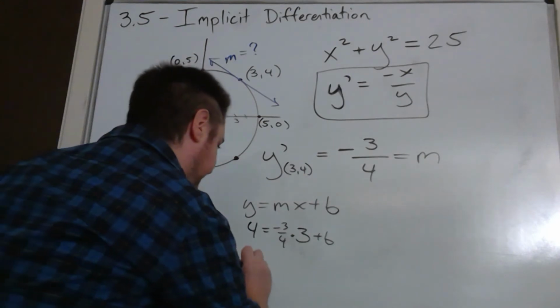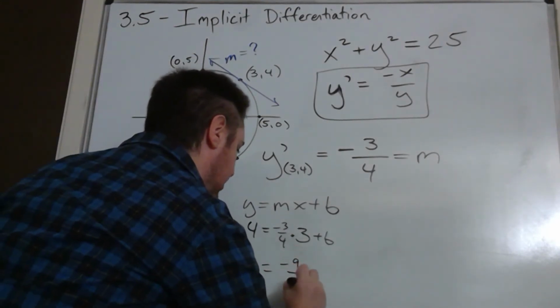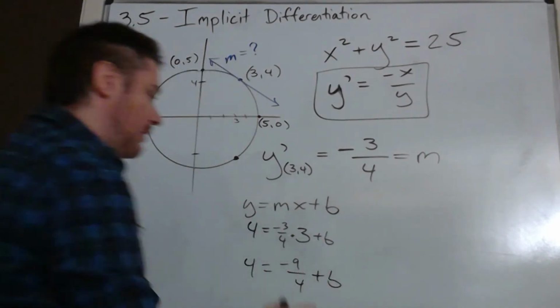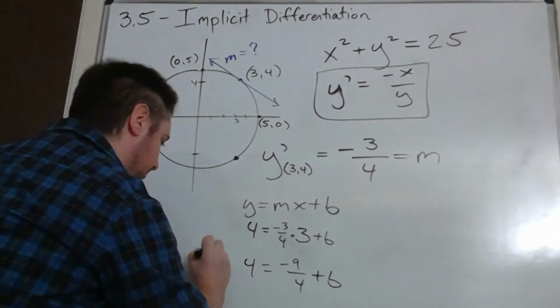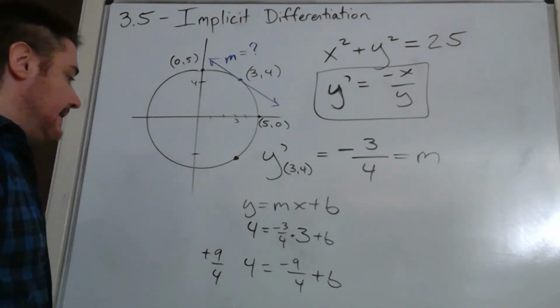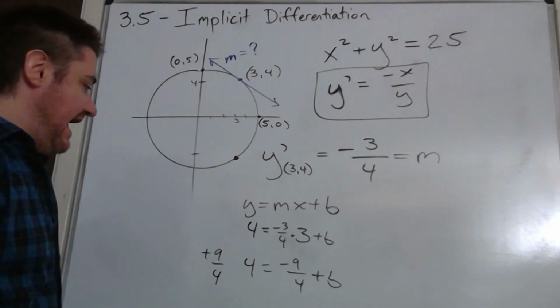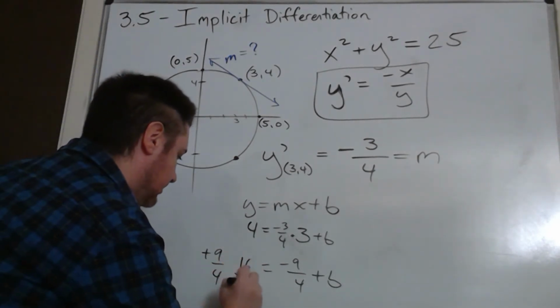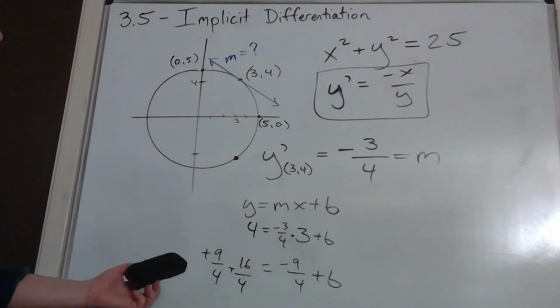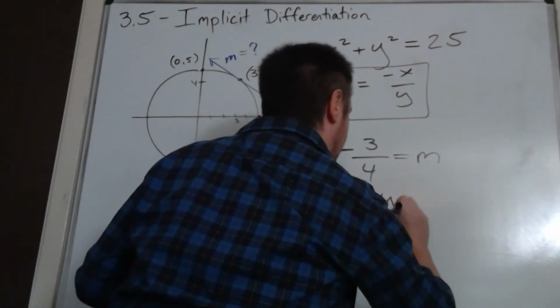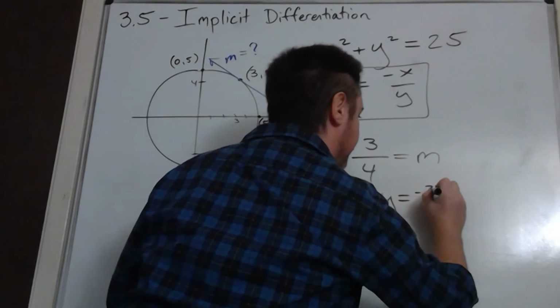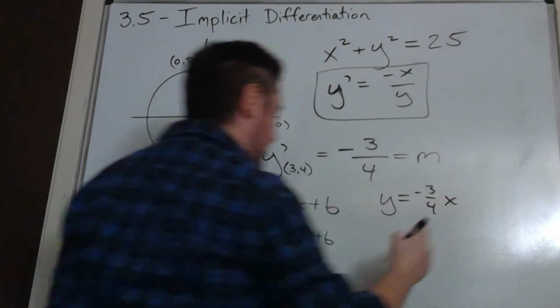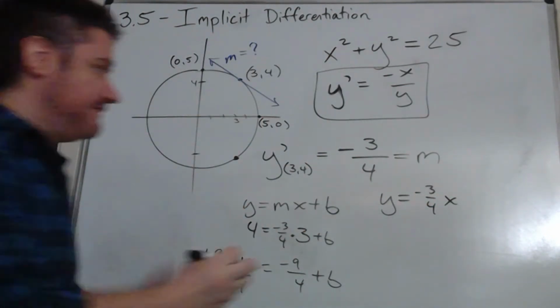All right, so this says 4 is equal to negative 9/4 plus b. So I would add 9/4 to this side, so plus 9/4. And that's going to be my b value. So 4 is 16/4. 16 plus 9 is 25/4. So my equation of that line would be y equals the slope negative 3/4 x plus the y-intercept, which is 25/4.